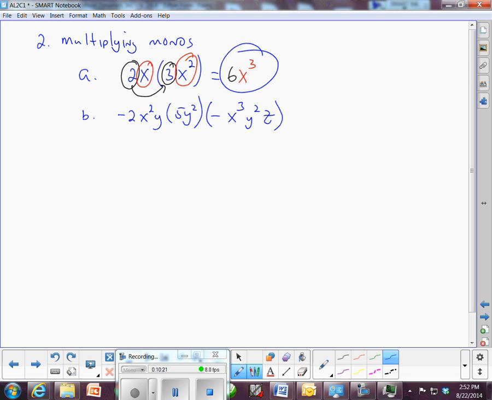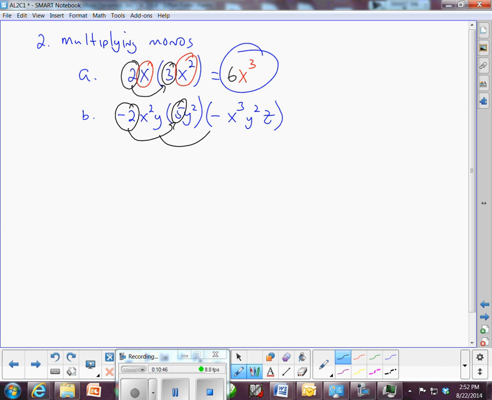All right, so we're multiplying three things. So how would you multiply three numbers? Well, you multiply the first number times the second, and whatever you get, you'd multiply times the third. That's exactly what you're going to do here, to multiply all three together. But in this situation, we're going to do coefficient times coefficient. Negative 2 times the 5. It's easy. Negative 10.